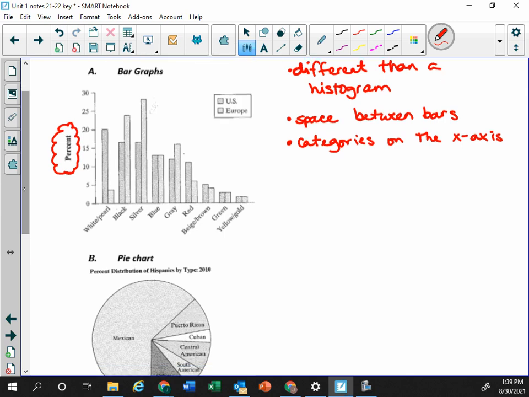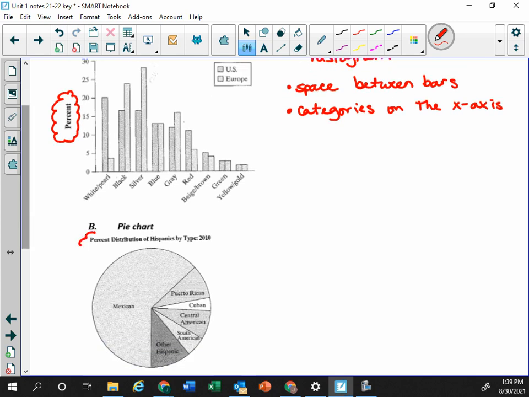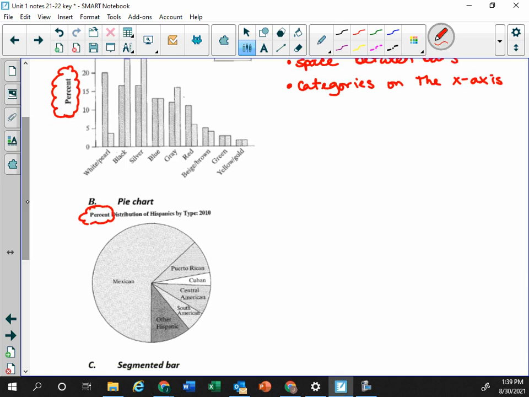And then it's similar in a pie chart. You guys have seen pie charts since you were in elementary school. But again, you're looking at the percentage breakdown, and each little slice of your pie is going to be one of your categories there. Okay.